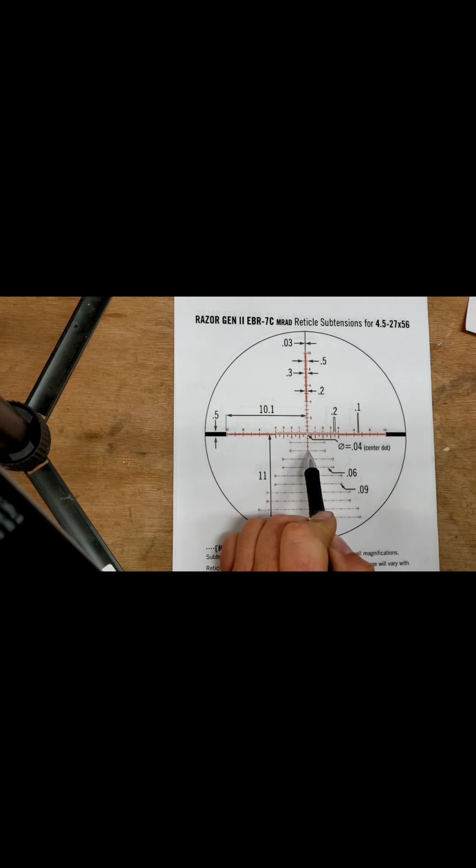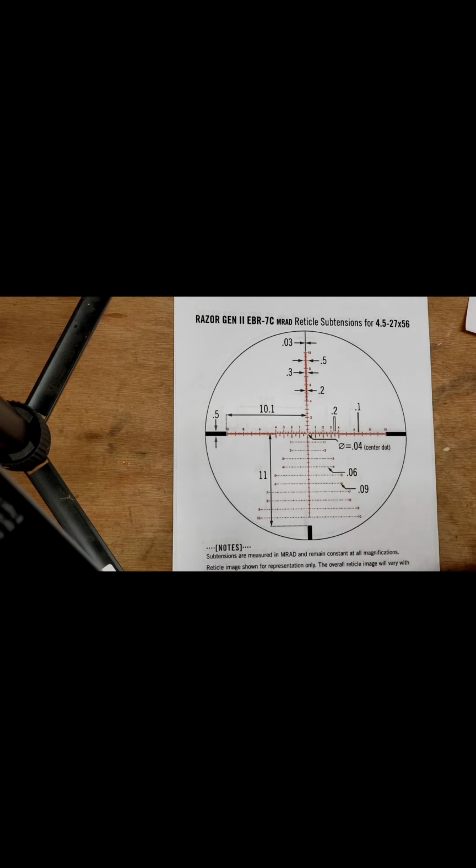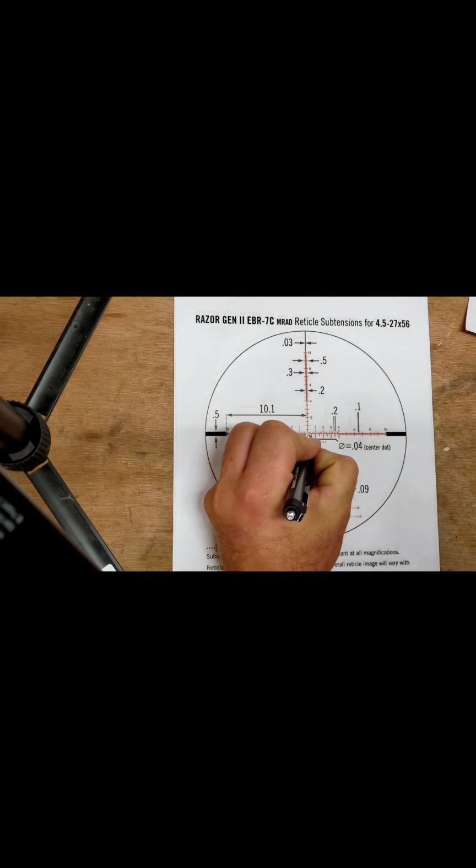On a second focal plane optic, you will have a specific magnification that you will have to have your scope set to in order for the subtensions in the reticle to match with what they're supposed to. So for instance, if this was a first focal plane scope, and I'm looking at a 200-yard target, and that target is 7 inches, that target is going to take up 1 mil of my reticle, just like so.